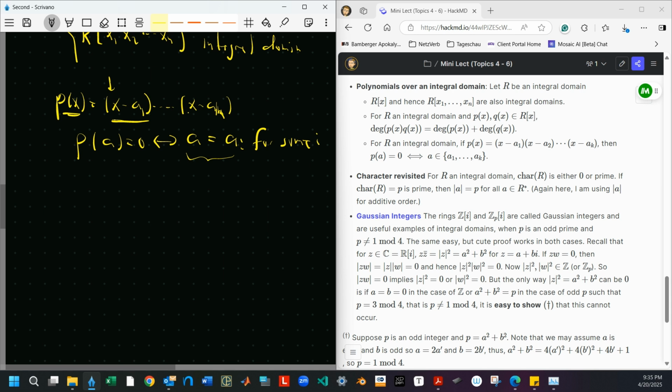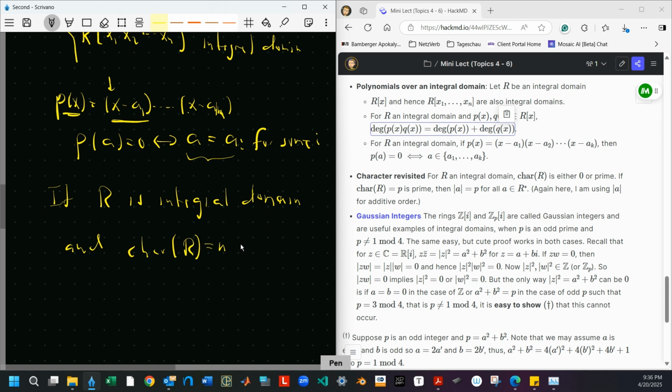And then just to revisit characteristic real quick. If R is an integral domain, and the characteristic of R is not 0, then we know that the order of a for every a that's not 0 is actually equal to n.